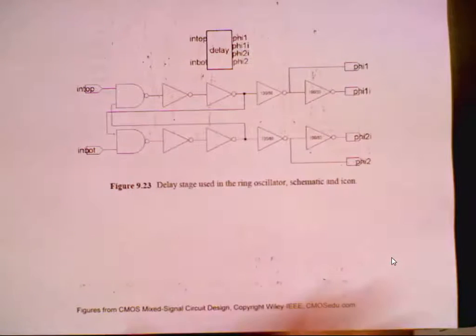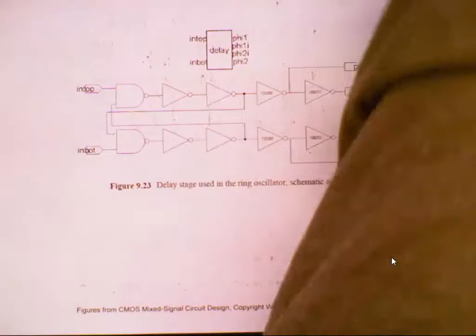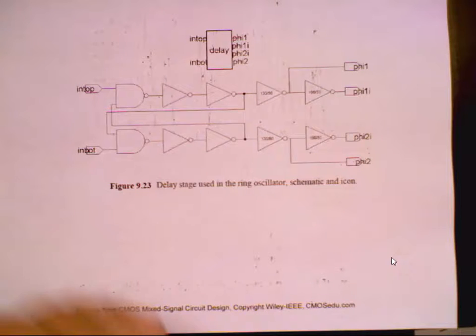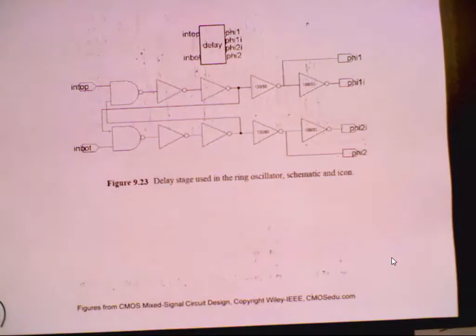So I want to talk briefly about circuit stuff. Here's a delay element, and I ask you, how do I know this provides non-overlapping clocks? How do I know phi1 and phi2 are non-overlapping? Or let me ask a simpler question.